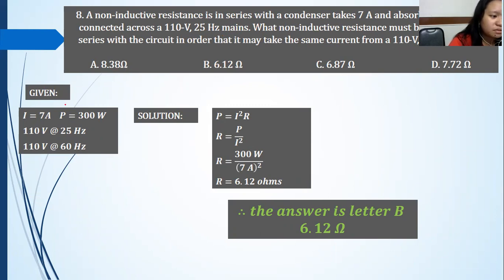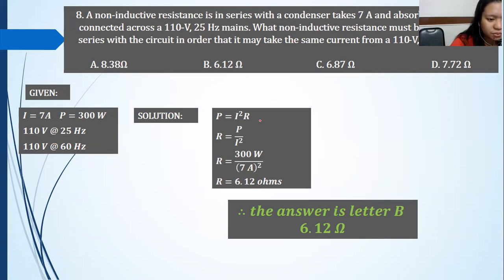So the given are the current of 7 amperes, the power of 300 watts, and the first source is 110 volts at 25 hertz. Then we have another supply with 110 volts at 60 hertz.